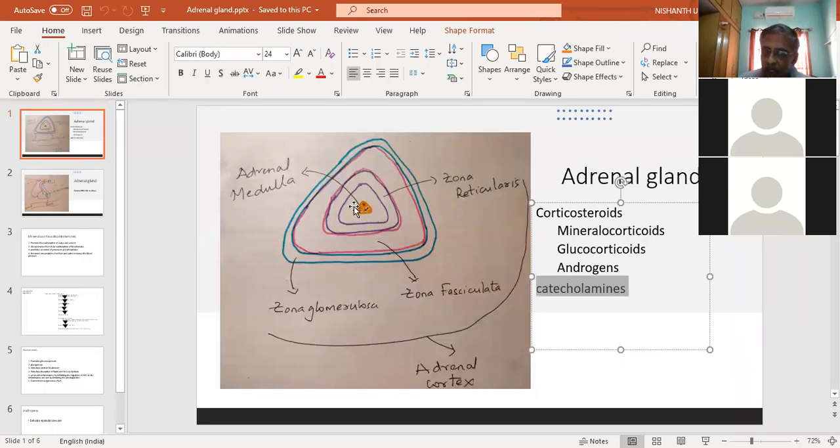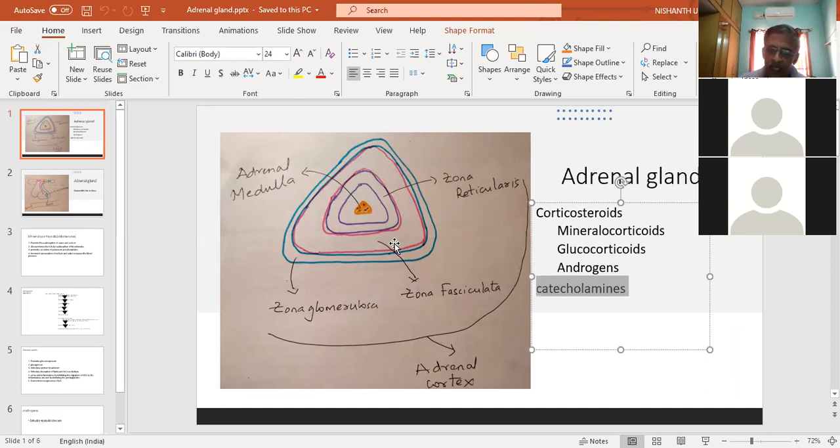The middle part, that means the inside of the adrenal medulla, is composed of nervous tissue, whereas the outside three layers are composed of epithelium. So what you have to understand is that the inside of the adrenal gland is composed of nervous tissue, and the outside of the adrenal gland, the adrenal cortex, is composed of epithelium. So it is composed of two types of tissue.